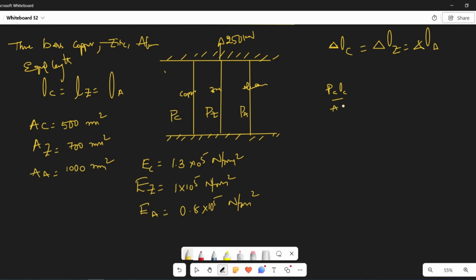That is PL by AE equal to PL by AE. What is P here? Area was given, and E is given.